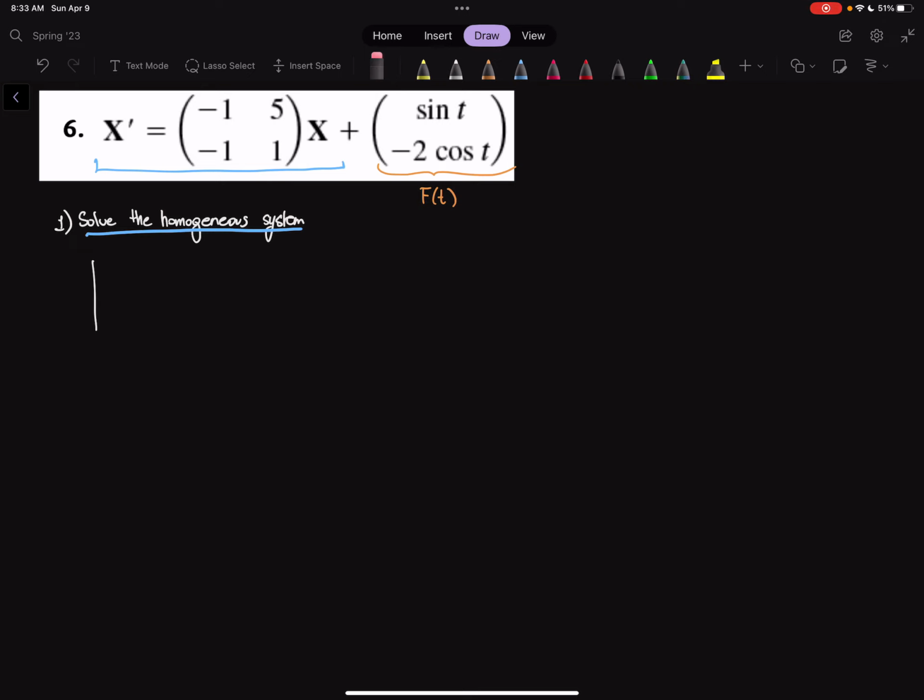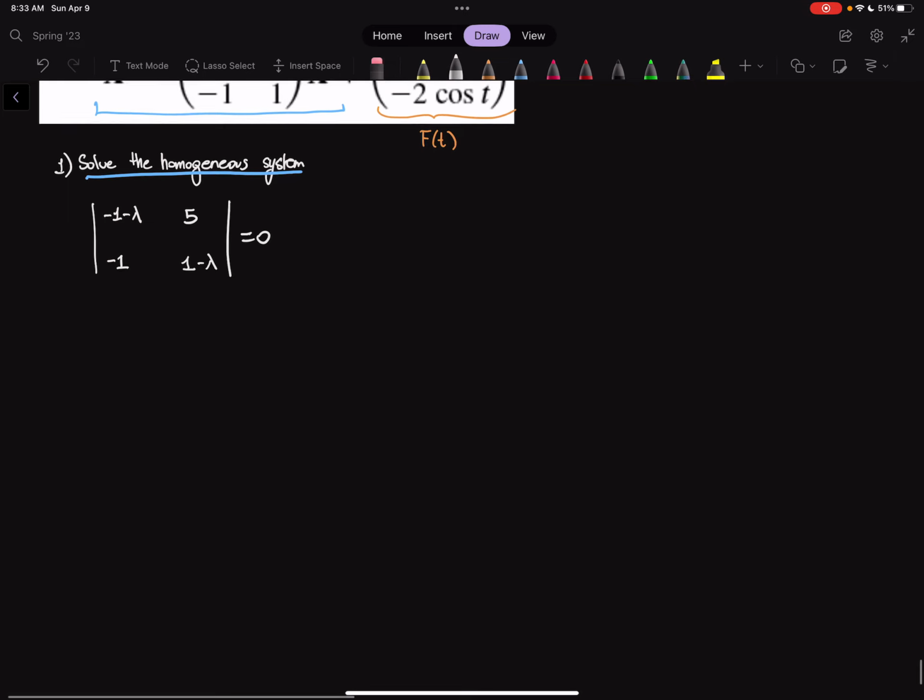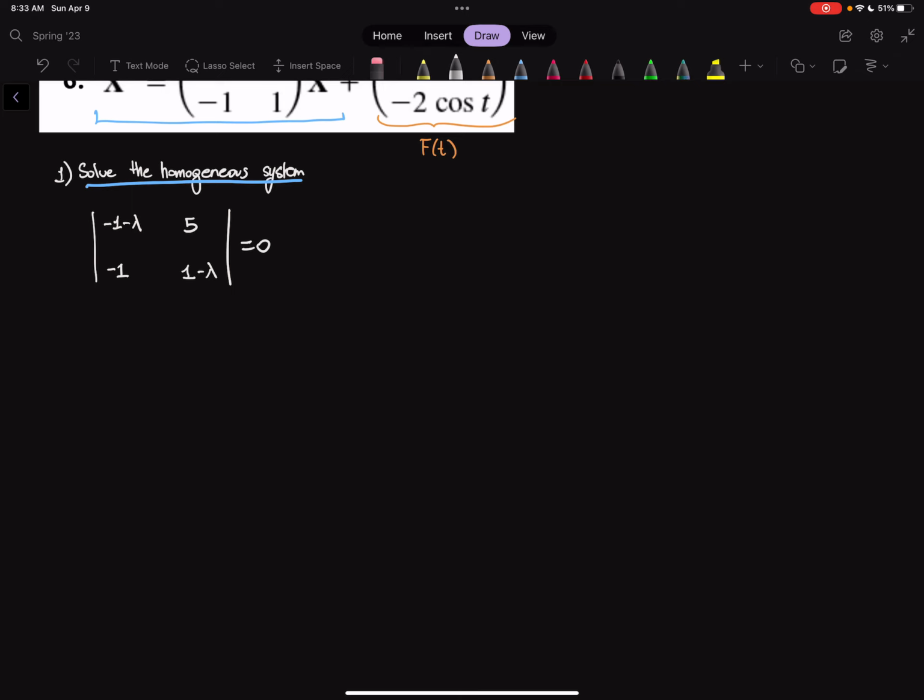solve the eigenvalue problem. So we're going to have -1 minus lambda, 5, -1, and 1 minus lambda, and that has to be equal to 0. The vertical lines mean that we're going to find the determinant of what's inside. I'm also factoring out a -1, and I get the following.